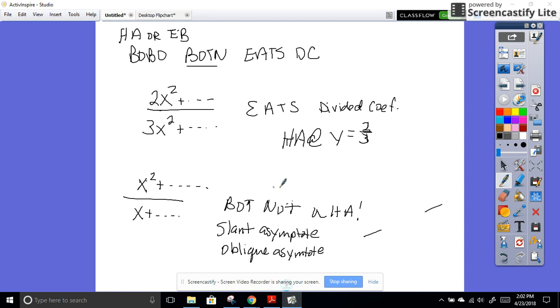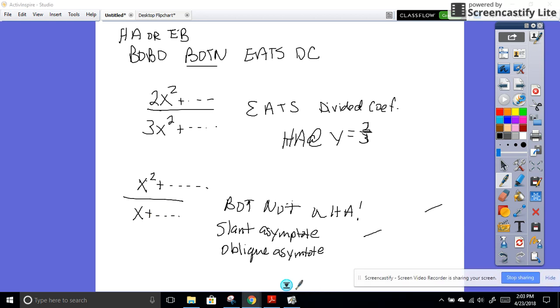But bottom line is, if you don't have a horizontal asymptote, that's all you need to tell me. There's not one. In pre-cal or college algebra, you will probably have to find these slant asymptotes by long division. I don't think Algebra 2 is required to find those slant or oblique asymptotes.